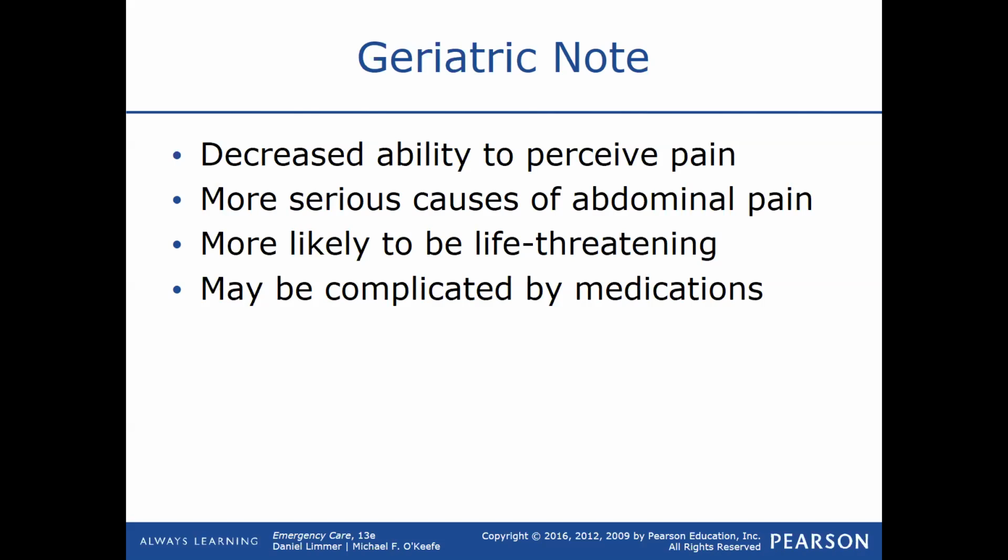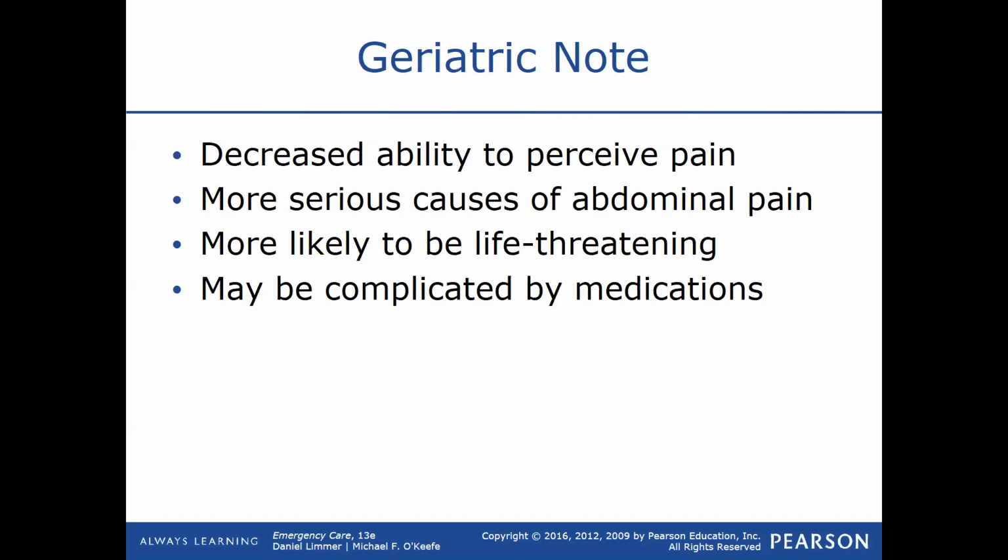So if the stimulation is not as easy on your elderly population, then they won't feel pain as easily as a 30-year-old or a 20-year-old. So if they actually feel pain, pay attention, because it could be a serious issue because of the nerve endings being so deteriorated.